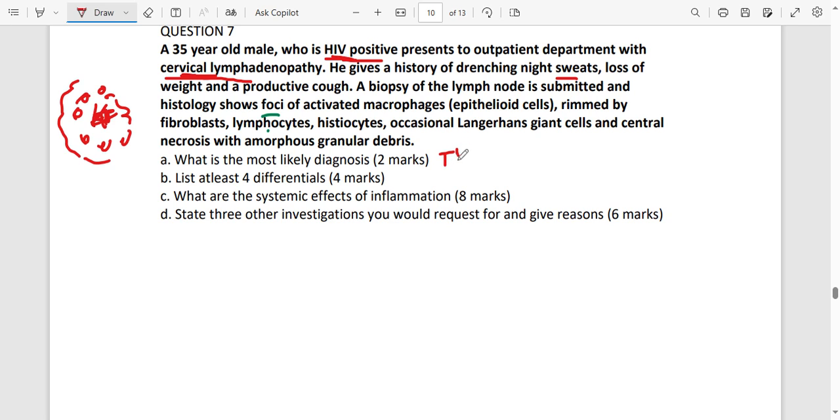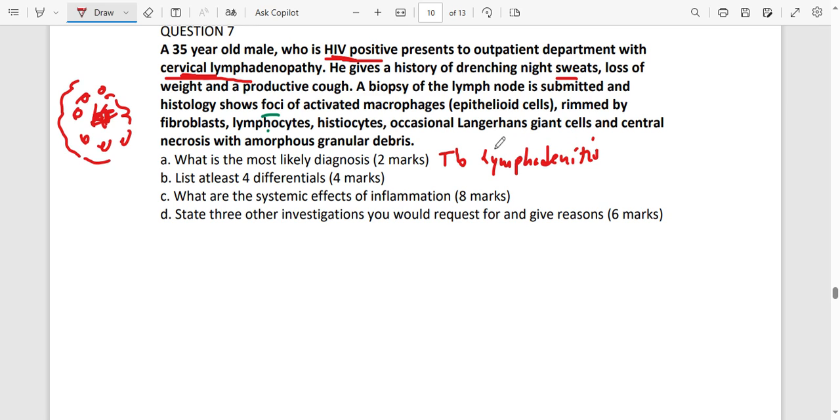So TB is going to be the problem here. Specifically, this is known as TB lymphadenitis, the inflammation of the lymph nodes. Please, not lymphadenopathy. This is TB lymphadenitis.